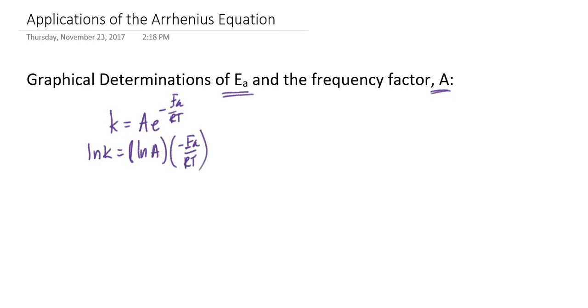There's a property of logarithms that the logarithm of a product is equal to the sum of the logarithms. Let me rearrange these terms a little bit. It's equal to negative Ea over RT plus the natural log of A.